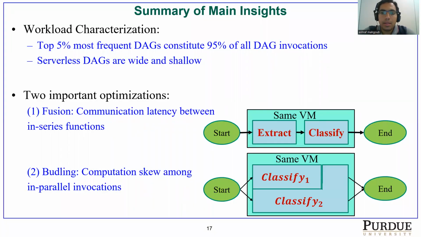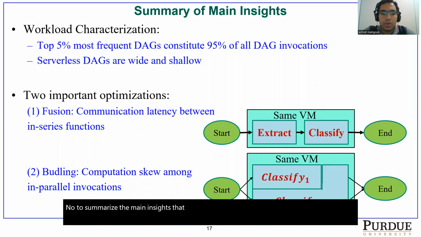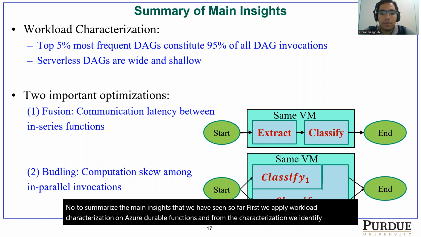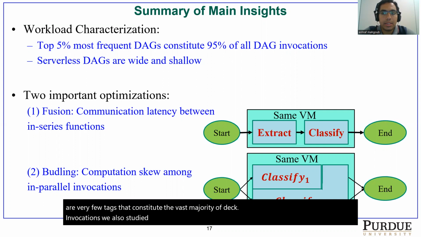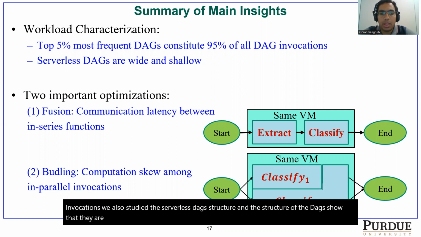Now, to summarize the main insights that we have seen so far, first, we apply workload characterization on Azure Durable Functions. From the characterization, we identify that there are very few DAGs that constitute the vast majority of DAG invocations. We also studied the serverless DAG structure, and the structure of the DAGs shows that they are usually wide and shallow.